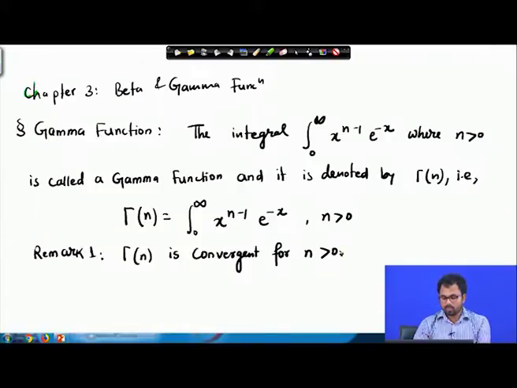This is the first remark, and there are several properties that we can associate with this gamma integral, and some of which I will write as properties.